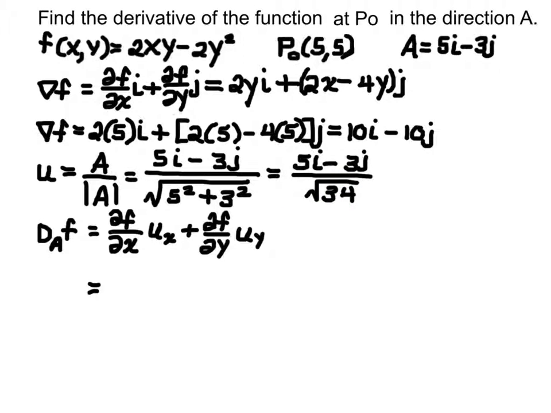So let's write that down: we've got the I component from the gradient, which is 10, times the I component from the unit vector, which is 5 over the square root of 34, plus a negative 10, which is the j component from the gradient, times the j component from the unit vector, which is a negative 3 over the square root of 34.